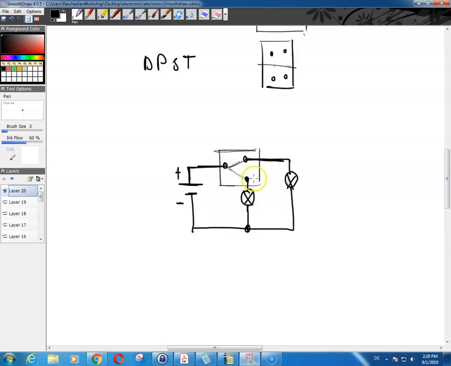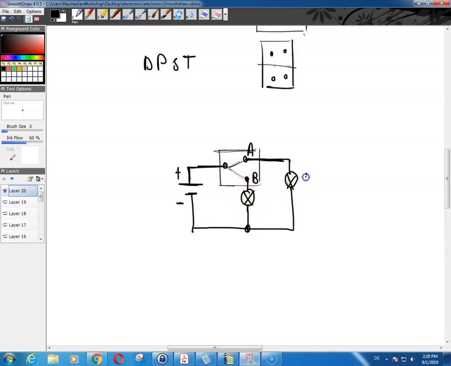Okay, now if your switch is in position A or in position B, if it's connected to position A, this lamp is turned on. If it's connected to position B, then this lamp is turned on.